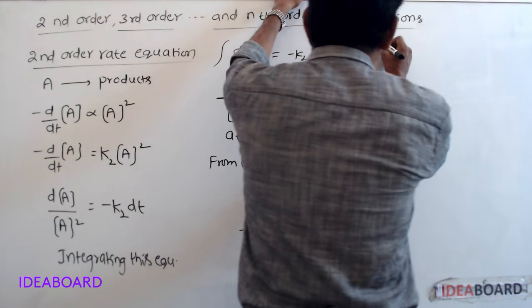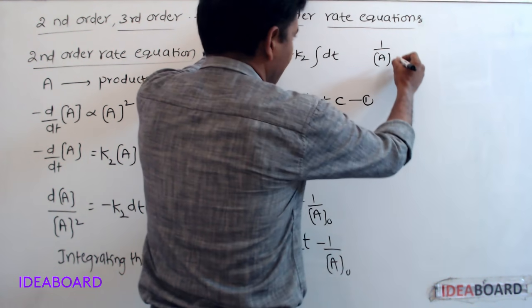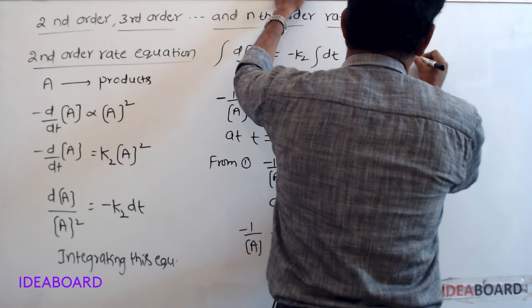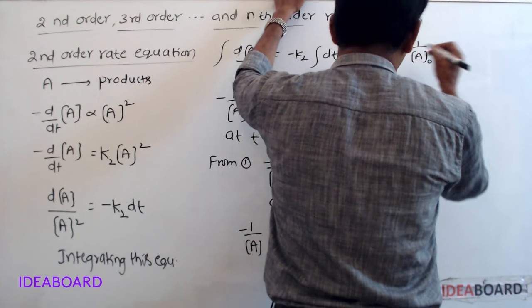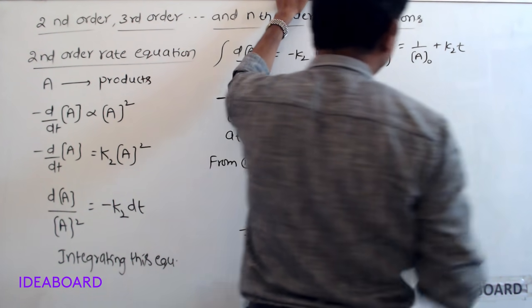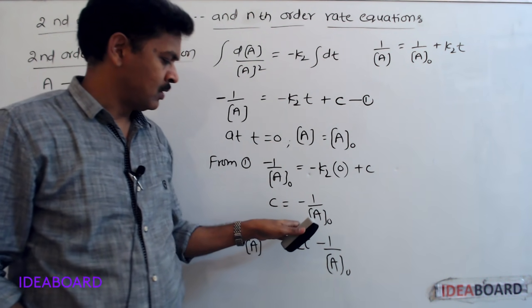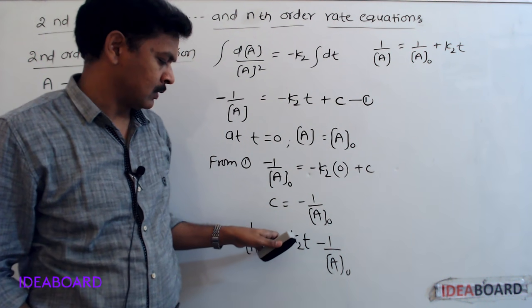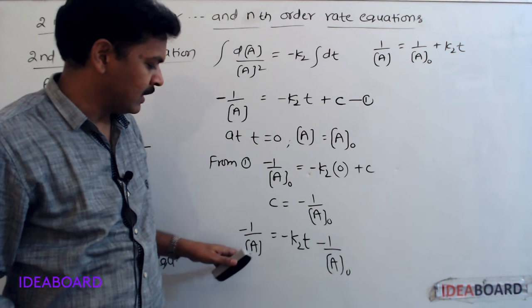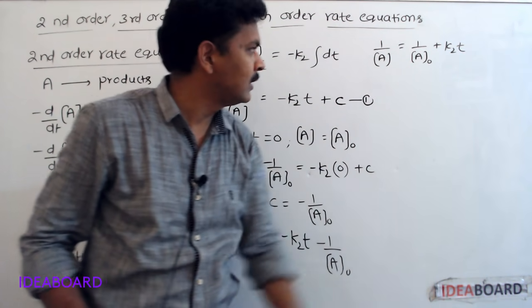Then 1 by [A] is equal to K2t plus 1 by [A] naught, or 1 by [A] naught plus K2t.